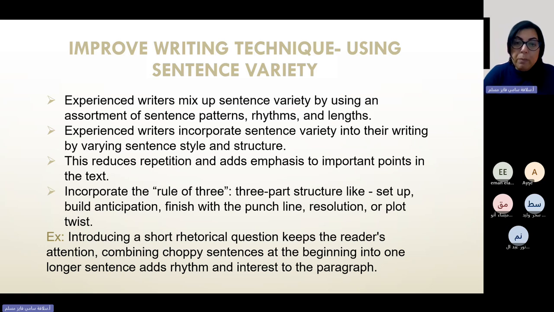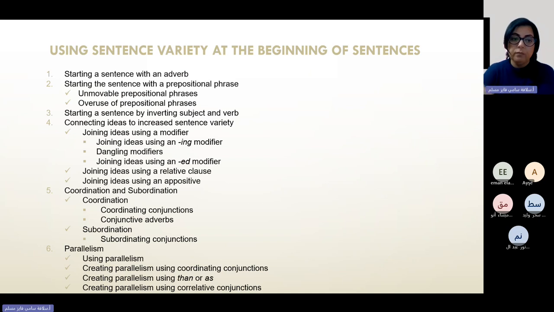Okay? So remember these types of sentences when you want to write something, whether it's academic writing, scientific writing, literary writing, any type of writing. Okay. So we have many ways of using variety in a sentence.